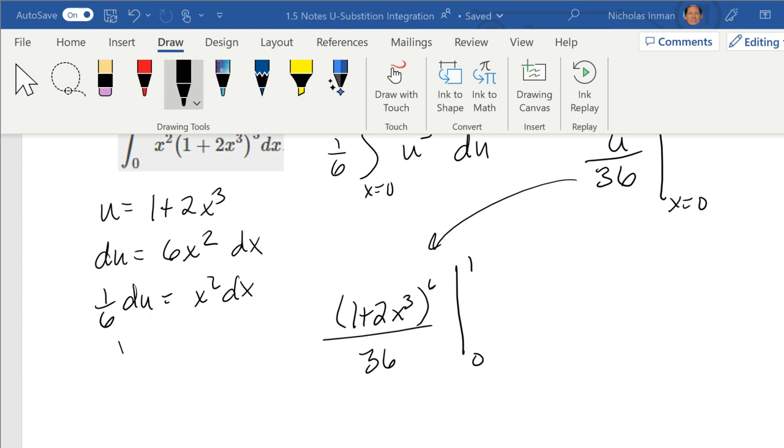Is that 243? 729 over 36, so 81/4, minus, plug in 0, so 0 cubed is 0 times 2 is 0 plus 1 is 1, 1 to the 6th.